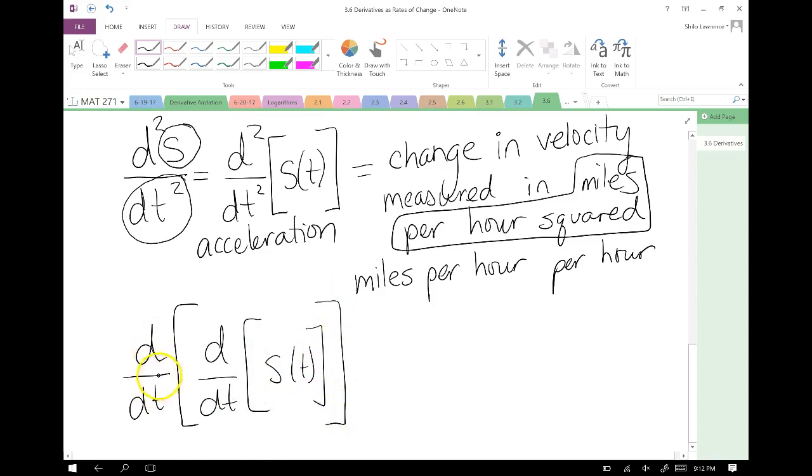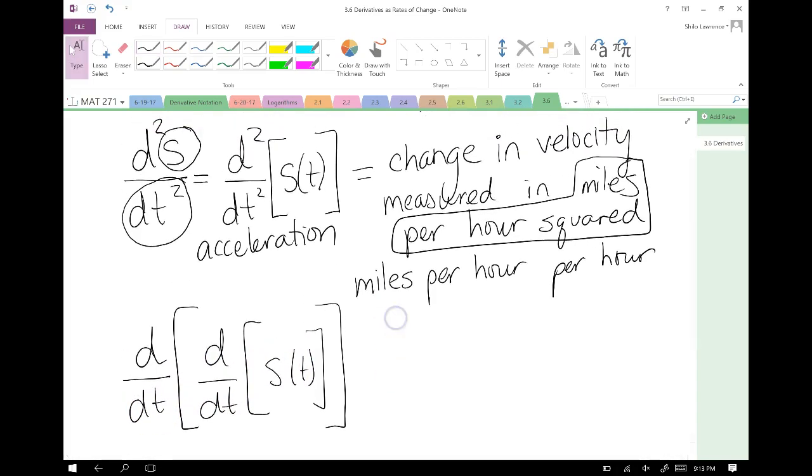So each of the dt's means per hour. So s is measured in miles. So this first one is miles per hour. So I want to know how my position is changing in miles per hour. So that's velocity. And then I want to know how velocity is changing. The velocity is measured in miles per hour, and I want to know how that is changing per hour.